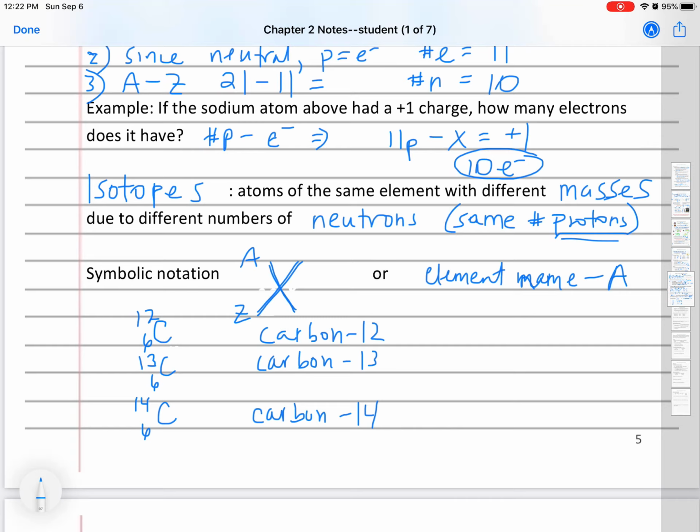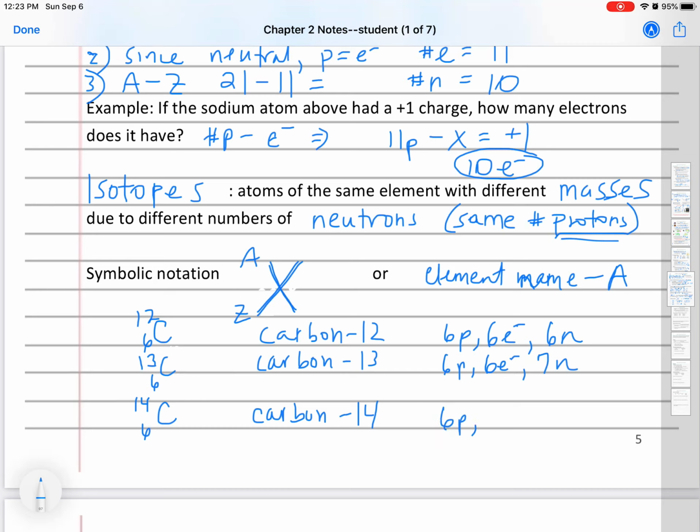All right, so carbon 12 has 6 protons, 6 electrons, and 6 neutrons, because 6 protons plus 6 neutrons gives us that mass number of 12. Carbon 13 has 6 protons and 6 electrons, but it has a higher mass because it has an extra neutron.